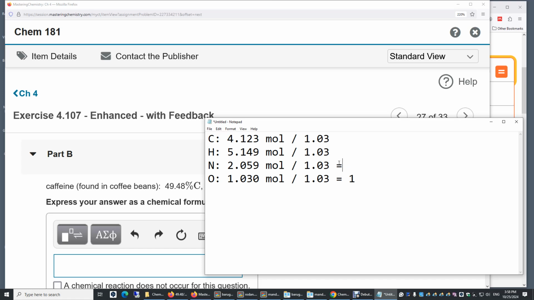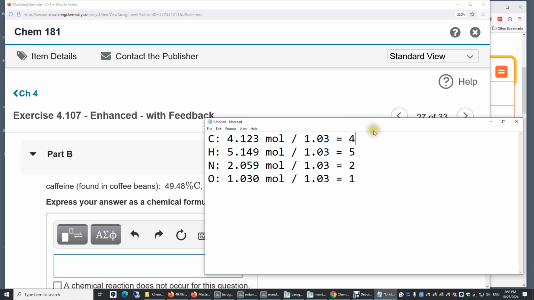This division, you can see as 2.06, so it's going to be 2. This one is close to 5.15 divided by this, that's 5. And over here, 4.12 over 1.03, that's 4.